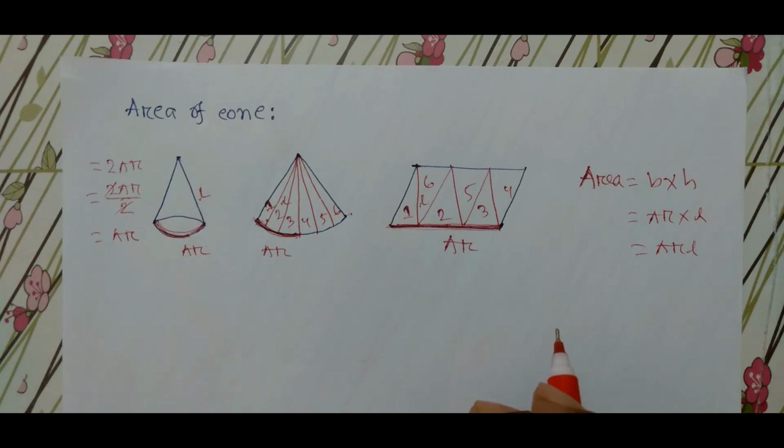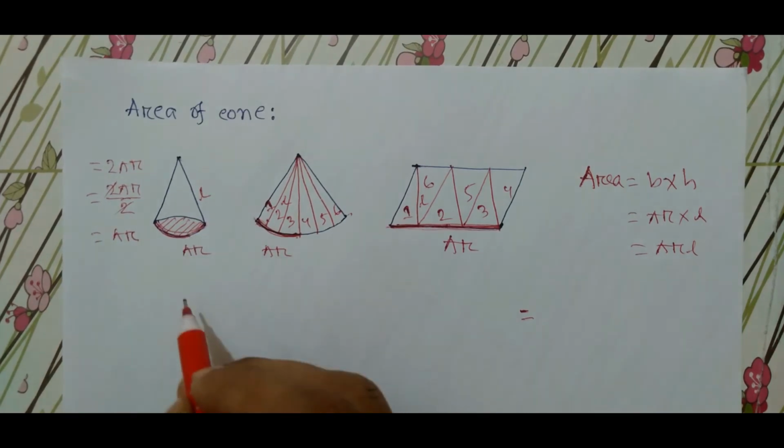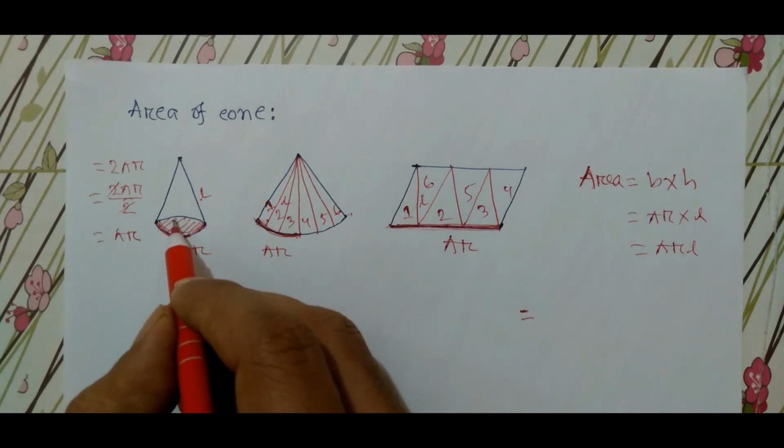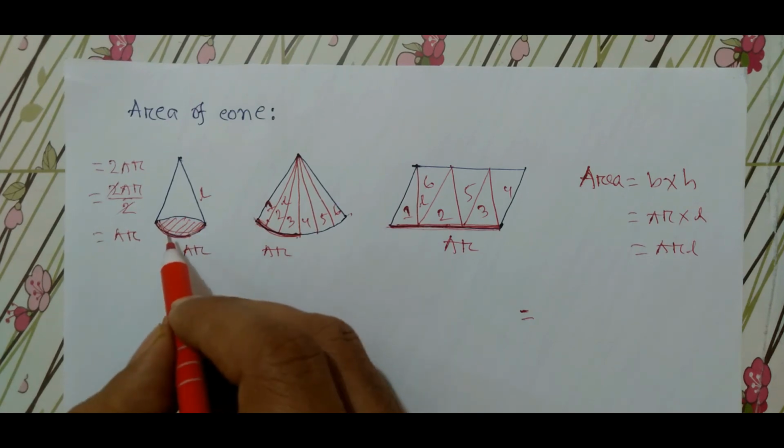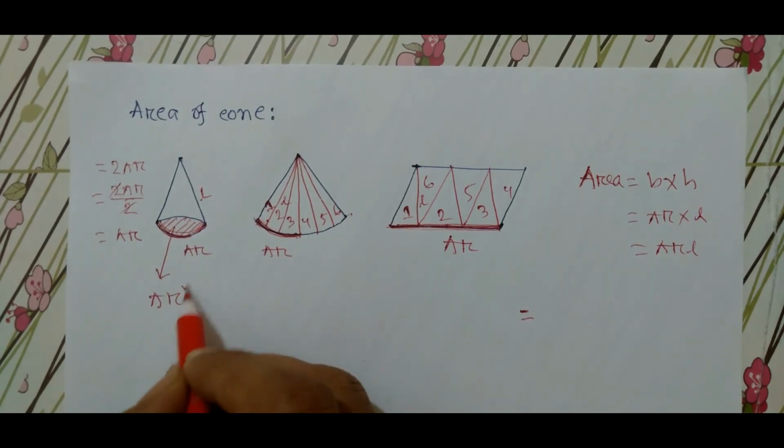Now we will find the total surface area of cone. What will be the total surface area of cone? When we will find out the total surface area, at that time we have to consider this portion also. So what will be the area of this portion? This is a circle. We know the area of circle is pi r square.